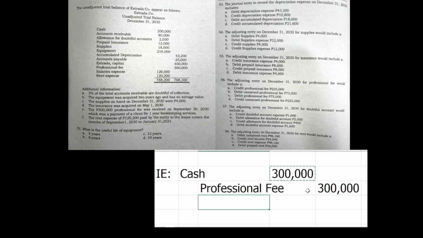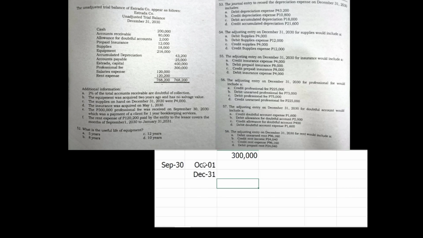So, at the end of the year, hindi naman kasi totoo yung revenue natin na 300,000. Kasi nga, ito good for 1 year ito. Pero, kung pagbabasayan natin yung computation, magsa-start na tayo from October 1 to December 31, which is 3 months. No? So, October, November, December, that is 3 months. So, dapat i-divide natin tong 300 by 12 months para makuha natin yung monthly.